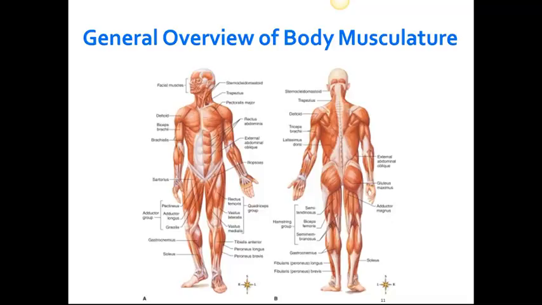Our gastrocnemius is what we call our calf muscle often. Soleus muscle is in our leg. And then we also have our fibularis longus and brevis muscles in the backs of our legs along our Achilles tendon, which is right in here.